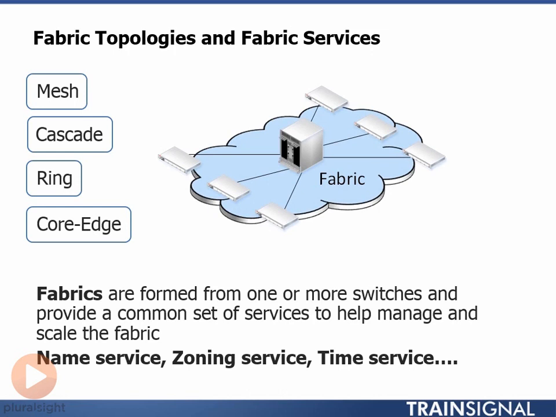The name server maintains a dynamically updated list of all devices registered and logged into the fabric, making the name server the go-to guy for all information about devices on the fabric. Every device that connects to and logs into the fabric is required by the standards to register with the name service, and every switch in the fabric holds its own local copy of the name server database.